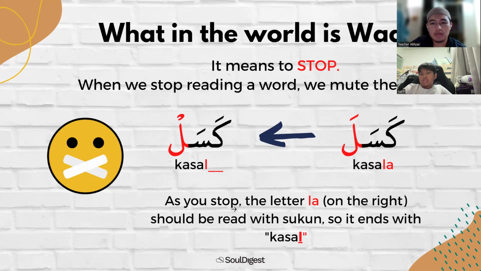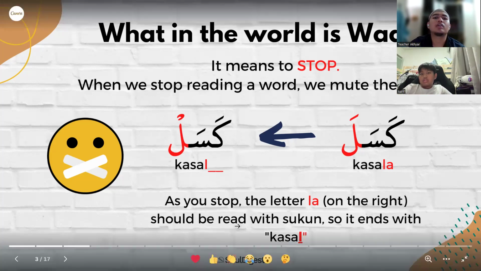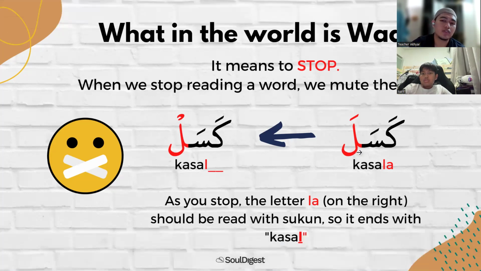So as you stop, the letter la should be read with sukun. So instead of pronouncing the vowel la, we mute it. So it becomes kasal. Okay, so clear, right? Yes.